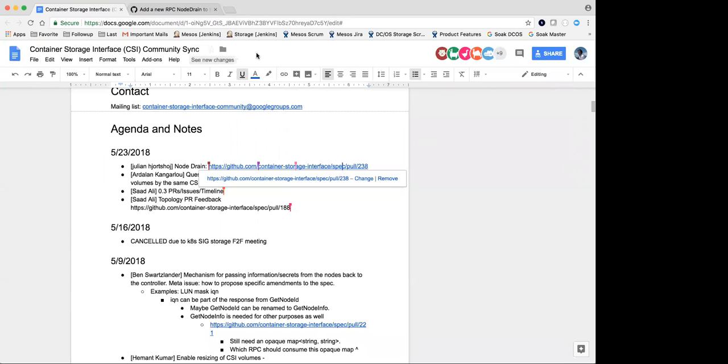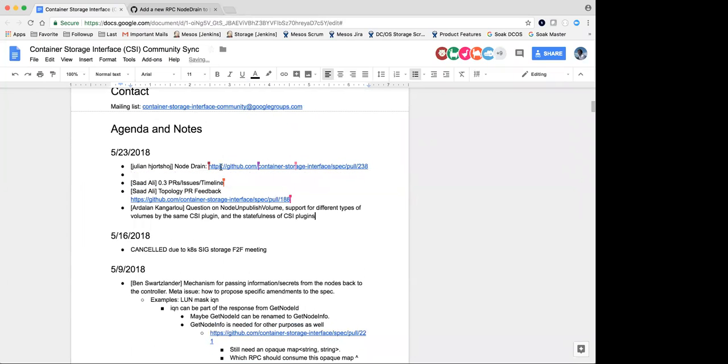So I have a related question about node drain. Without this node drain, we can have a situation where the CO used the plugin to publish the volume, and then the node got rebooted.